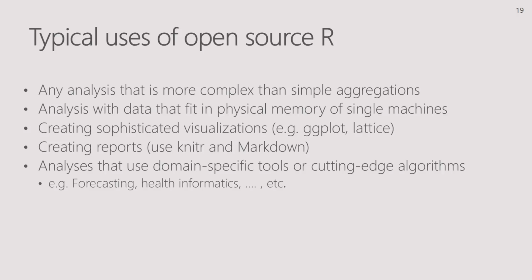There are very nice packages in R that enable you to do that. Creating reports using packages such as Markdown, knitr, if you have used some of that. And finally, there are a fair number of domains where the depth of analytical capabilities within R is very extensive. So, for example, forecasting, health informatics are some of the things that I'm aware of the depth of the packages, but there are many others, I'm sure.